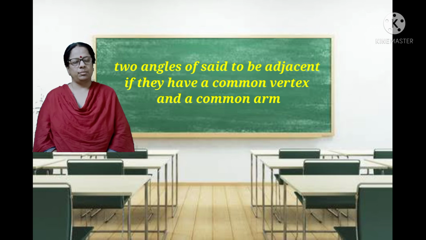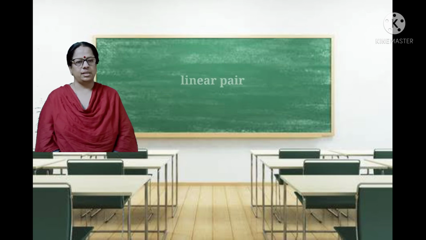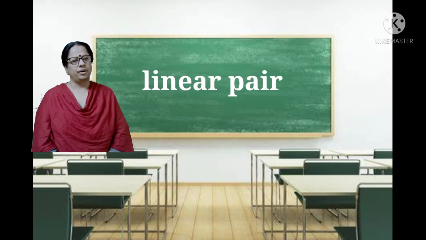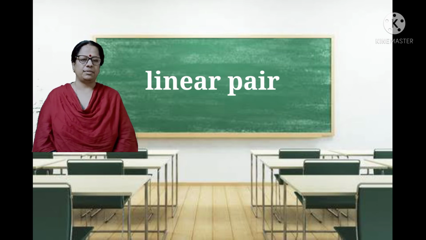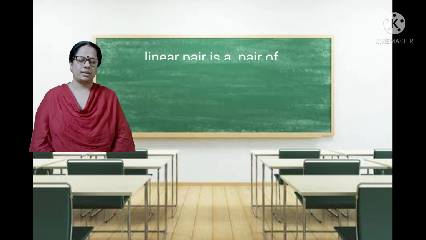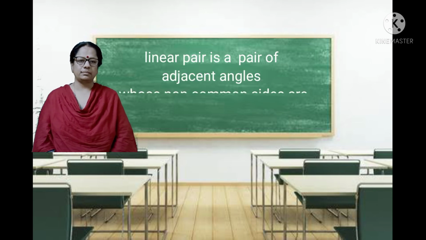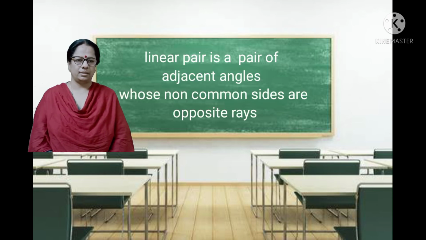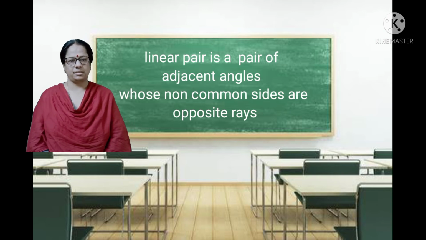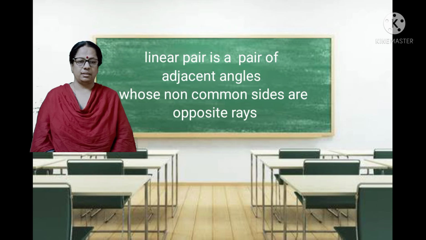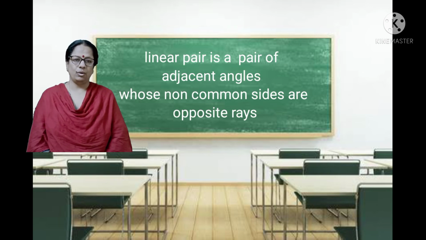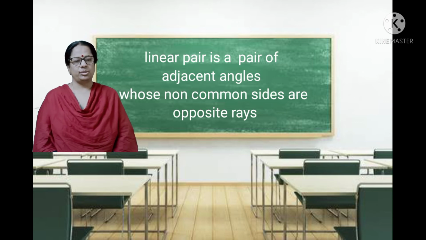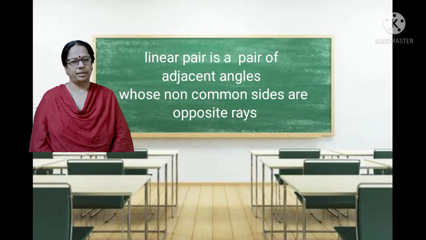And another important concept is the linear pair. From adjacent angles we can define a linear pair. What is a linear pair? In adjacent angles, if the non-common arms are opposite rays, that type of angles are called linear pairs.